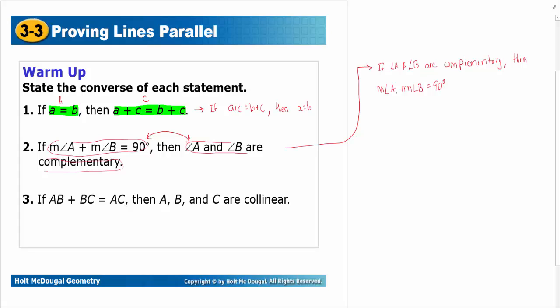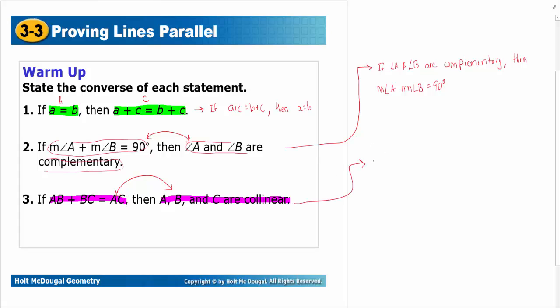Like I said, if you know converses of conditional statements, this is pretty easy stuff right here. Last one, gonna wrap this up. We got a hypothesis and we got our conclusion. I'm just highlighting those and we're gonna switch places again. So here we go.